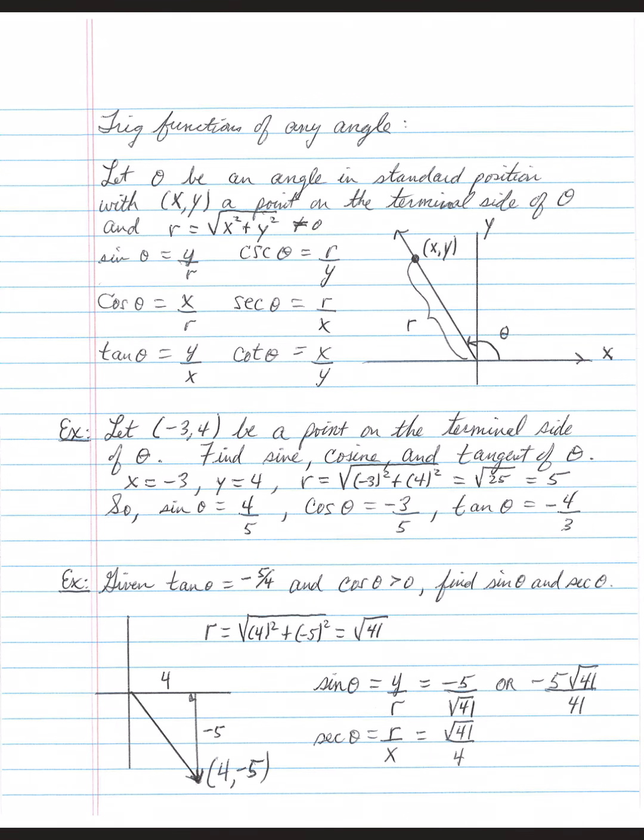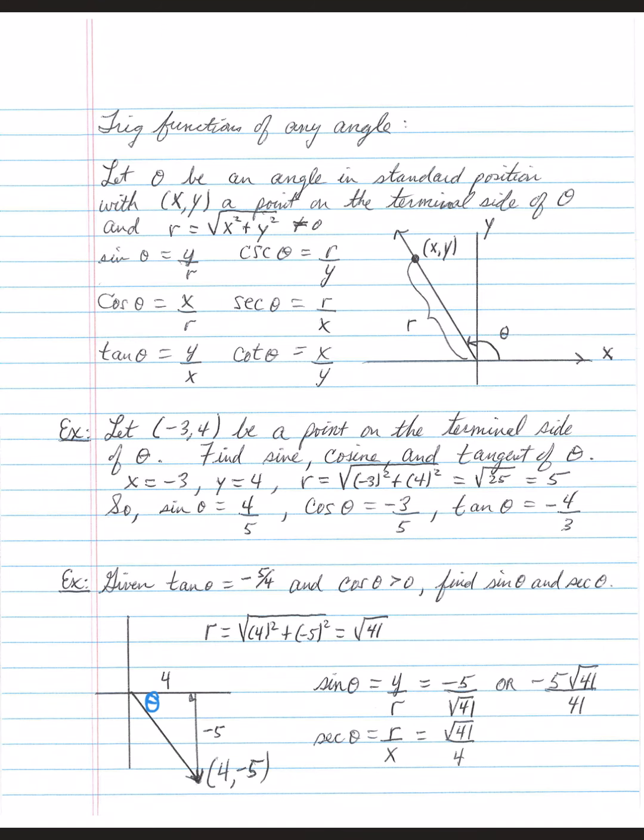So that allows us to place a tangent right here. I'm going to go ahead and mark off theta as the angle. Tangent, opposite over adjacent, that's our negative 5/4.